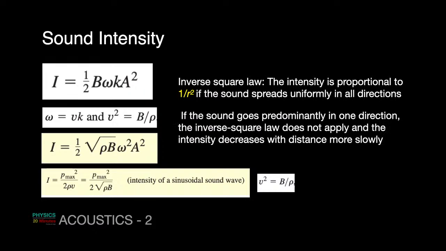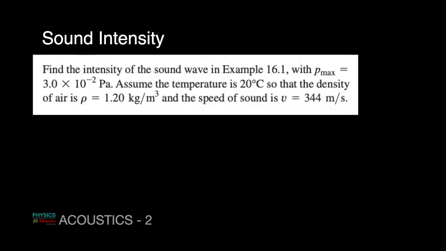But if it is not a free space, suppose you are close to a surface, or it's not a point source, it's a linear source, etc., then the sound does not drop as 1 over R square. Then it has some other parameter. Generally, it drops slower than 1 over R square because there are reflections and all, and we will discuss those topics later when we start with the SYBSC part.